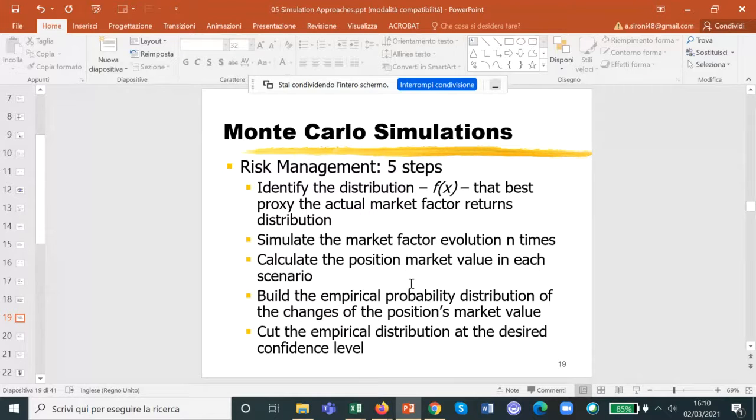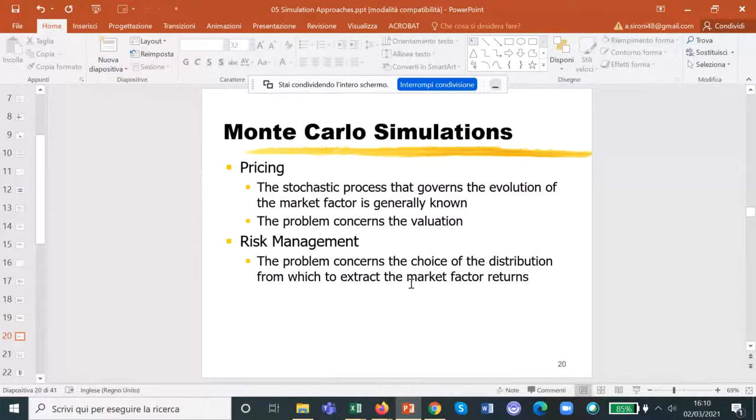And then the following steps are the same as in historical simulation, i.e. we build the empirical probability distribution of the changes in the market value, and then we cut this distribution at the desired confidence level, okay? So the final 3 steps are exactly the same as in historical simulation. But the first 2 are very different because we don't use the historical returns.